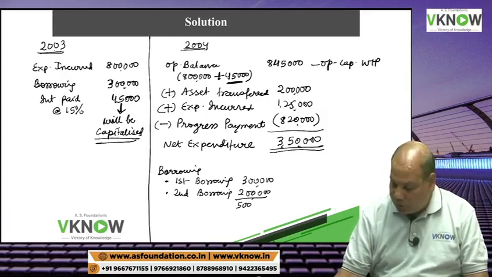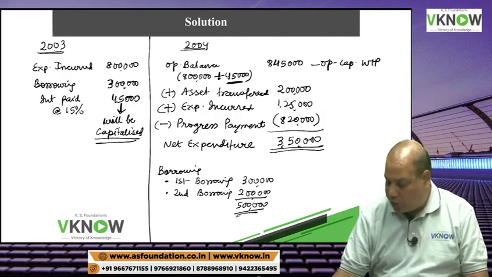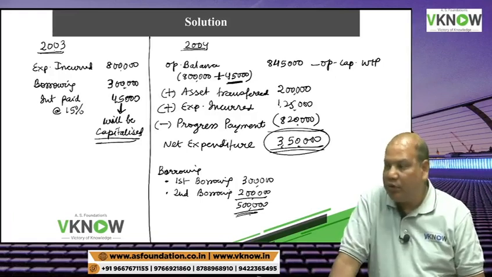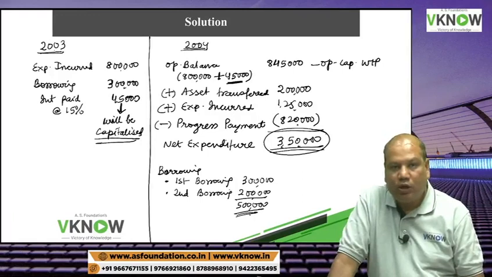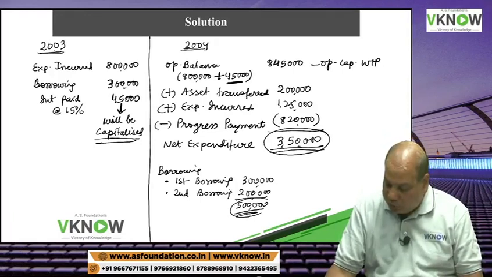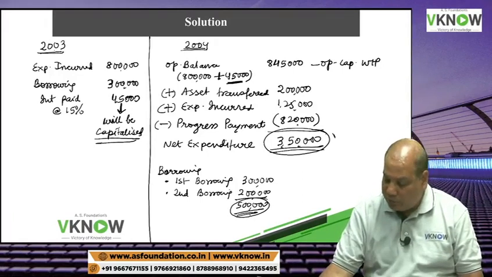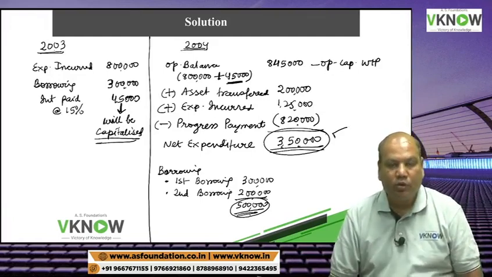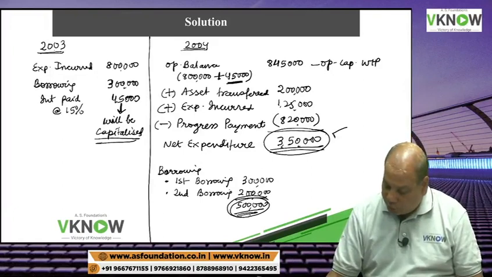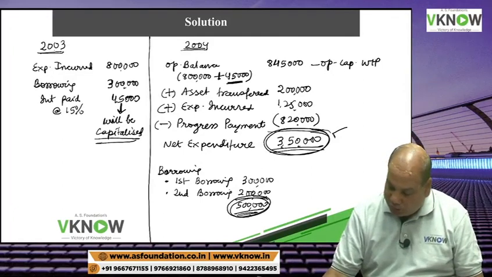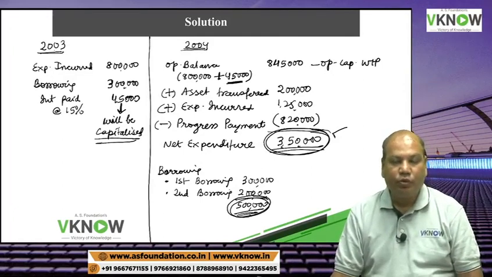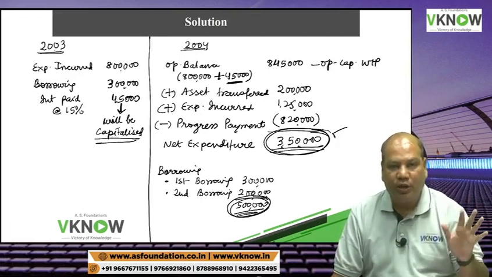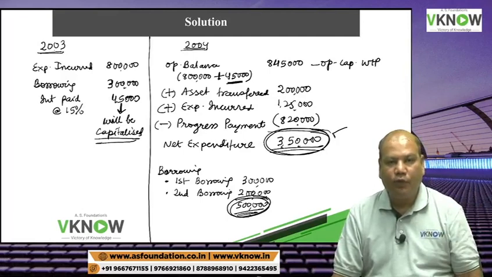Oh my God. So my borrowing is more than my net expenditure. I can't capitalize interest on 5 lakh rupees when my expenditure itself is 3,50,000. So in that case, my borrowing is more, my net expenditure is less. So I am only going to capitalize the proportionate interest, not the full interest.